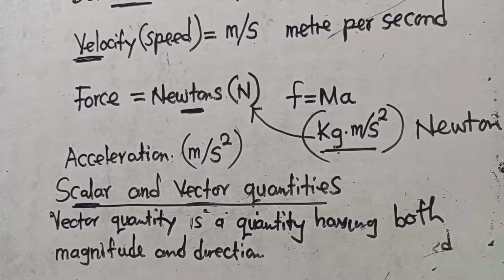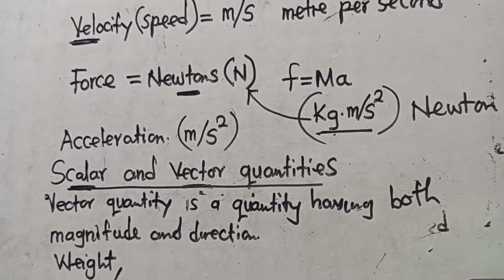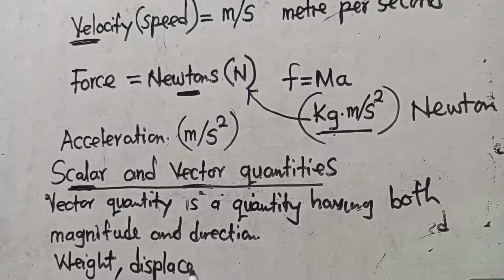These ones include weight. Have you seen? We can talk of weight. So I want you to understand this. We've got weight. We've got displacement. Displacement can be compared to distance because both of them can be measured in meters, centimeters, but displacement can be in negative because it has both magnitude and direction.